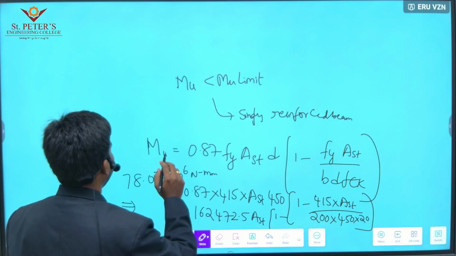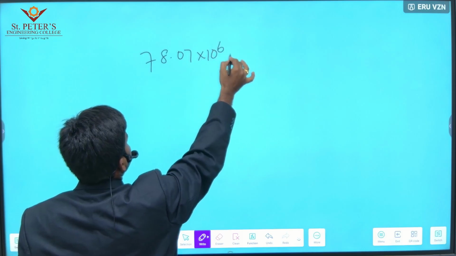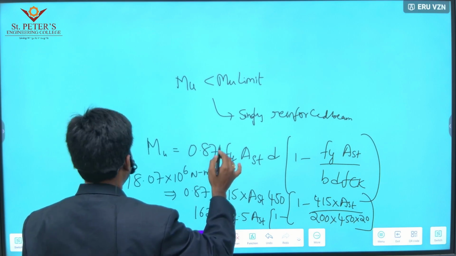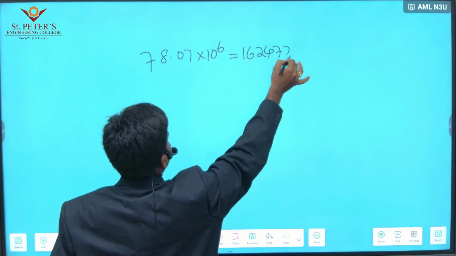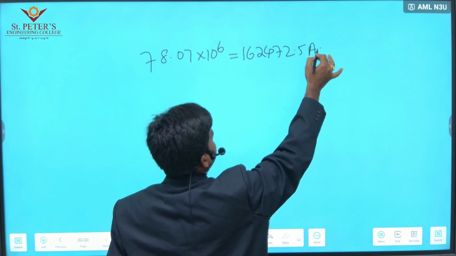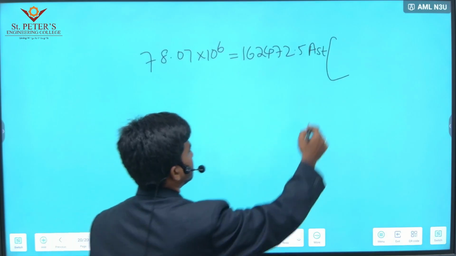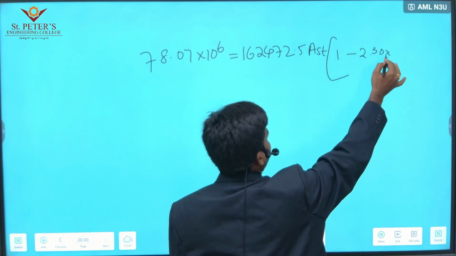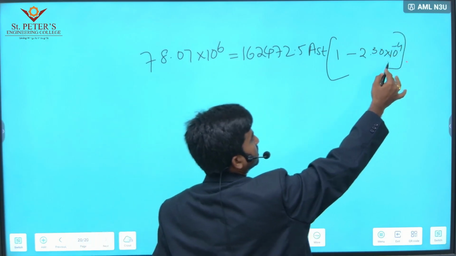Here I am writing the value again, 78.07 into 10 power 6 equals 162,472.5 AST. Here 1 minus the value, you got 2.30 into 10 power minus 4. Here also AST is there.